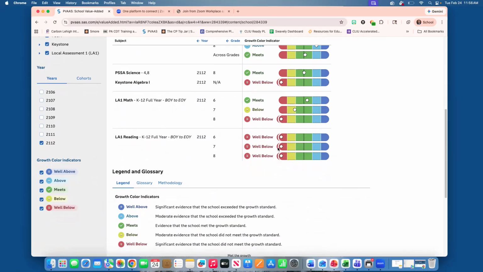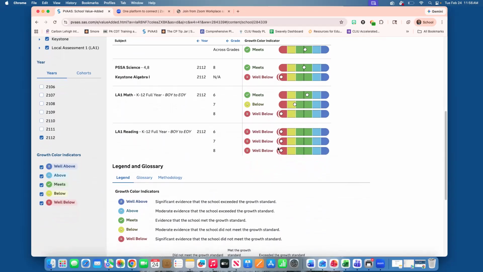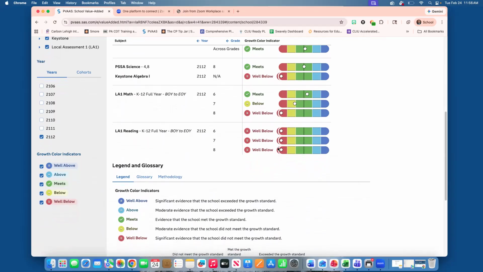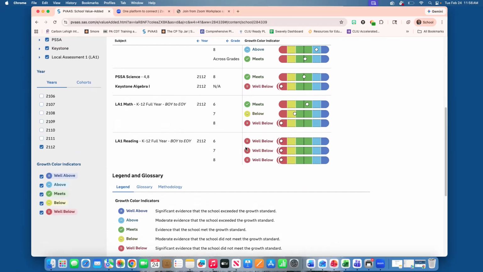Light blue is moderate evidence that the school exceeded the growth standard. Whenever you see green, that means it meets. That's evidence that the school met the growth standard. Yellow is moderate evidence that the school did not meet the growth standard. And finally, well below is red, which is significant evidence that the school did not meet the growth standard. These colors reflect group trends, not individual students or teachers.